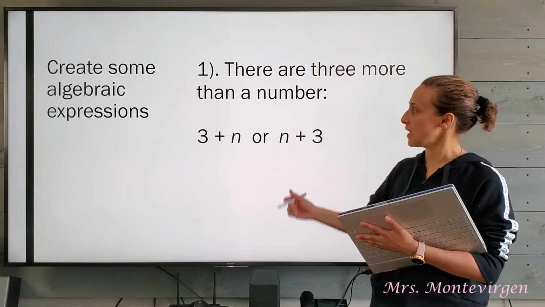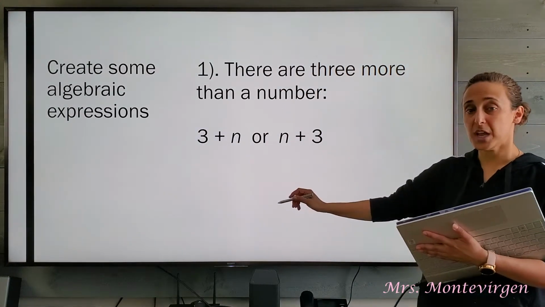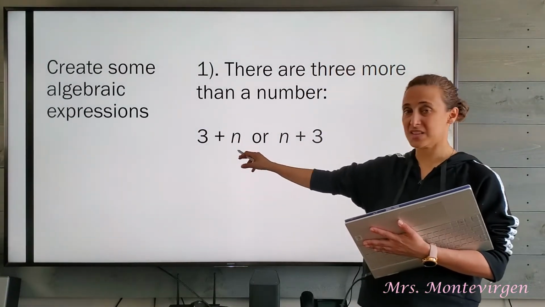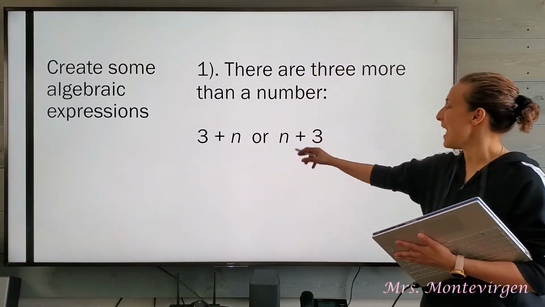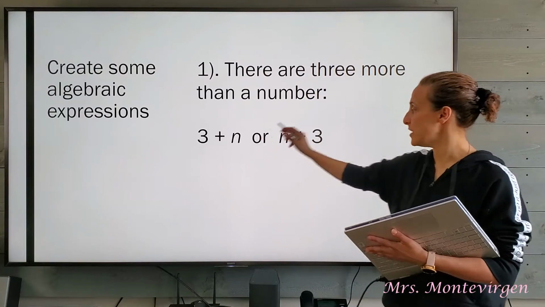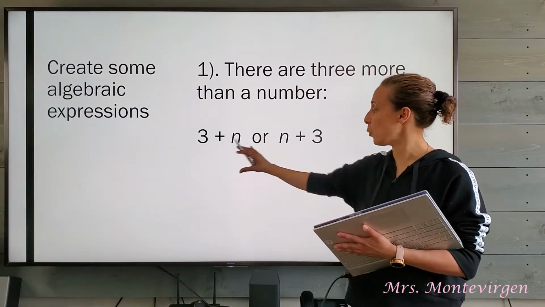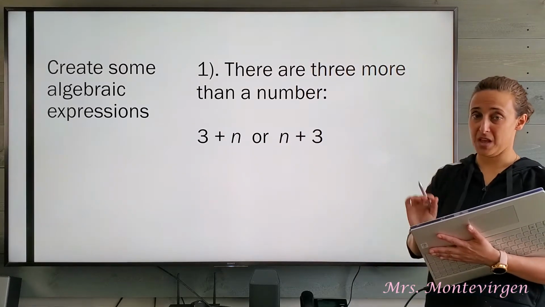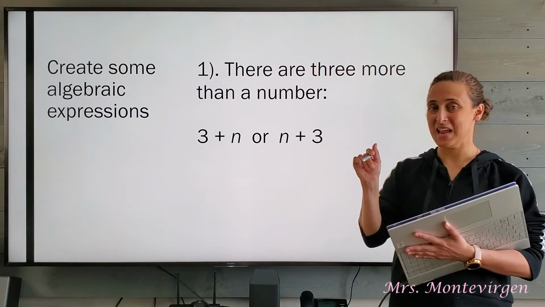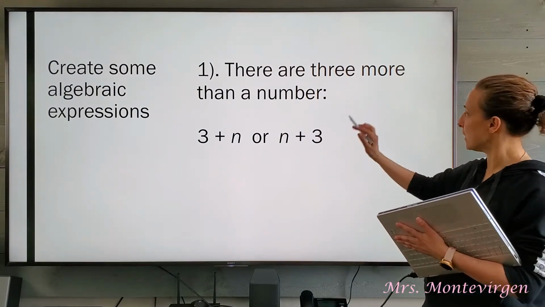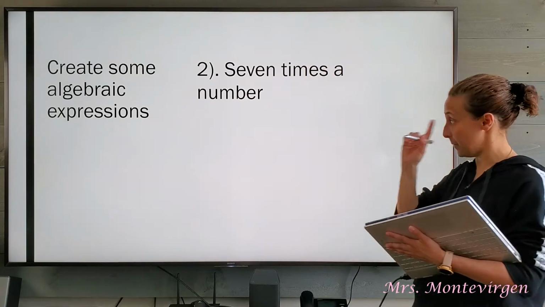So here's the example. Again, there are 3 more than a number. So it can be written like 3 plus n, meaning n will stand for that number, or n plus 3. And you know, for addition, I can write this scenario, the algebraic expression, either way, and my answer will be the same. But notice my variable is remaining as n, and the 3 is the constant because that's what's up here. Let's go down to the next example.